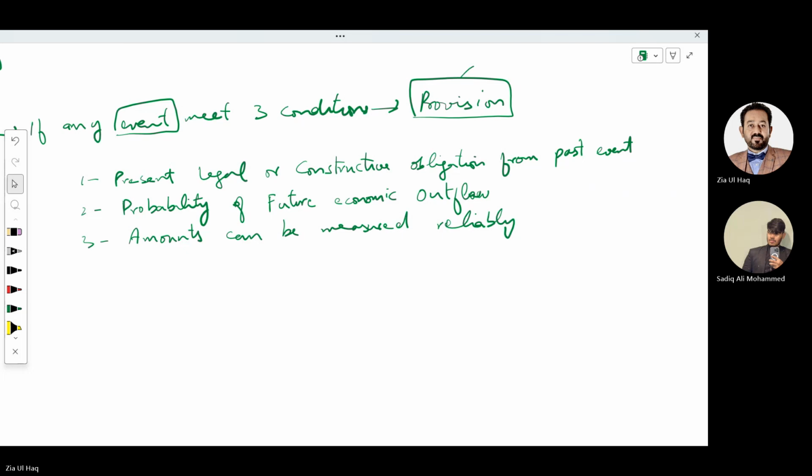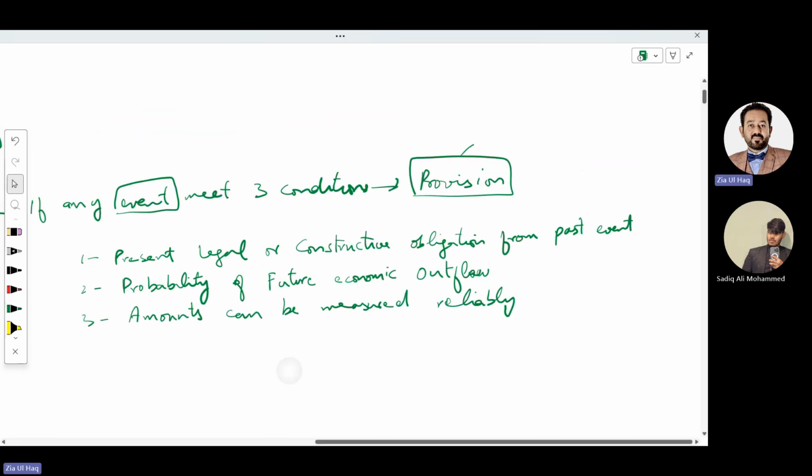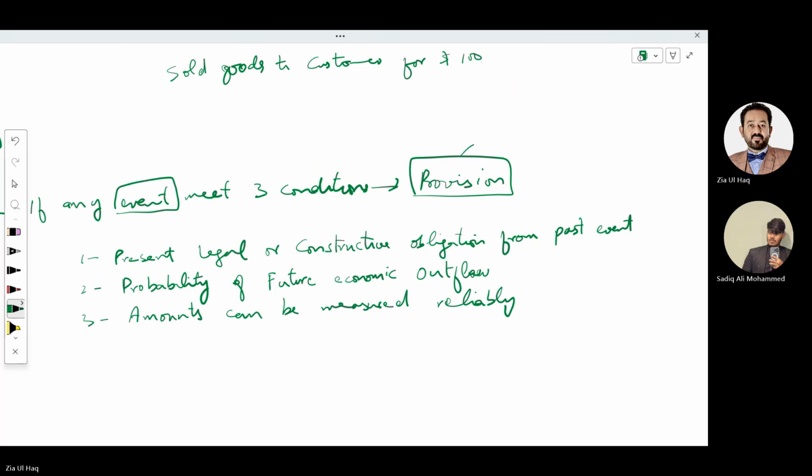Suppose a company sold goods to a customer for $100. The company sold food items to the customer for $100 and those food items were expired. Even at the time of buying, the customer was not aware. At the time of sale, the company was not aware.